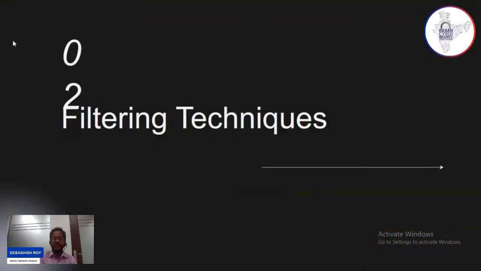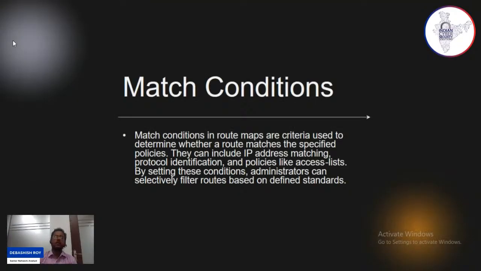So what are the filtering techniques here? Number one is match condition. A match condition in route maps is used to determine whether a route matches a specific policy. Let's say there are two loopbacks, 1.1.1.0 and 1.1.2.0, and these are the two networks that should be advertised to the neighbor router, in case of EIGRP, OSPF or BGP.